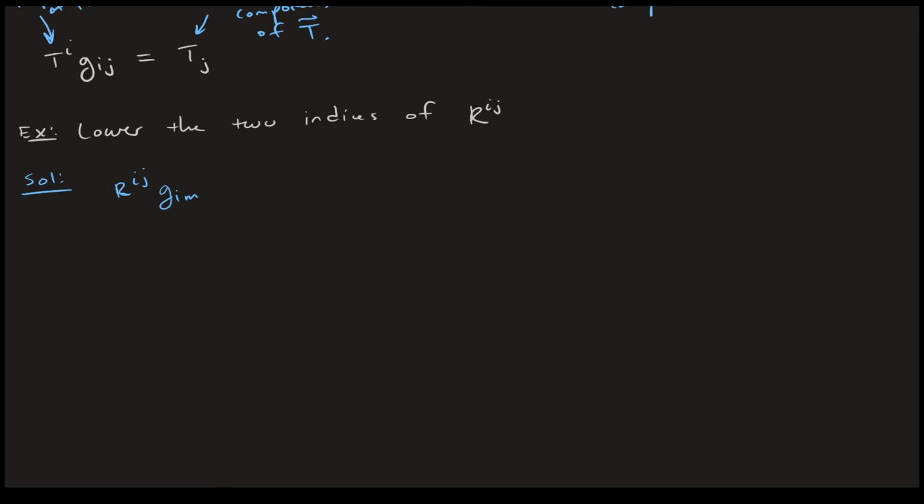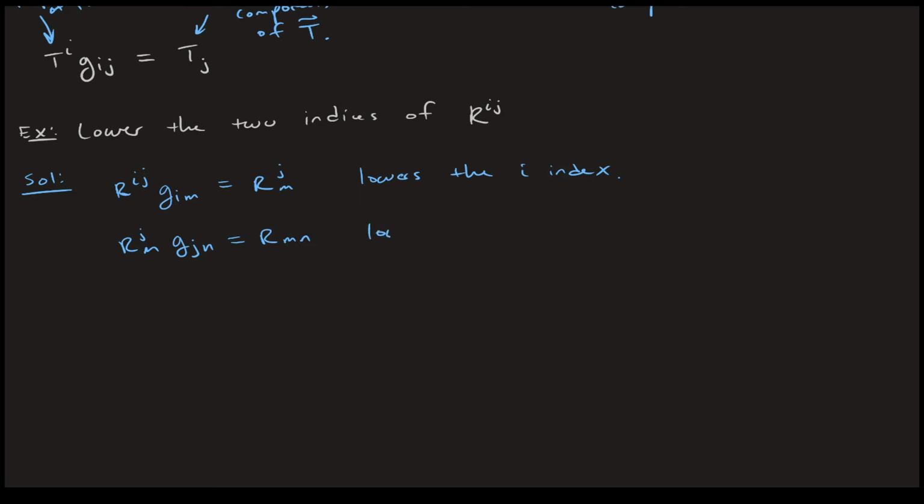That would lower the first index, and we call it Rjm. So we lowered the i. This lowers the i index. And then we can take that, Rjm, and multiply it by Gjn, and we get something called Rmn.